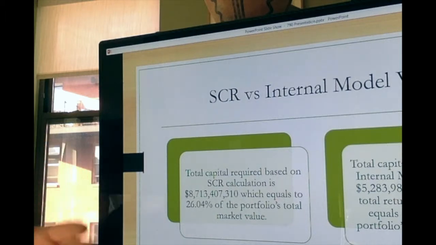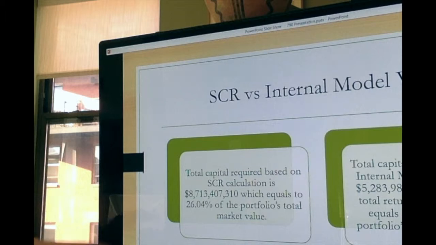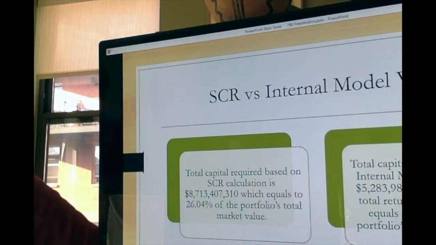It forces companies to either use this approach, the standard approach, or the companies are allowed to build their internal model, unless it's validated by Solvency II.